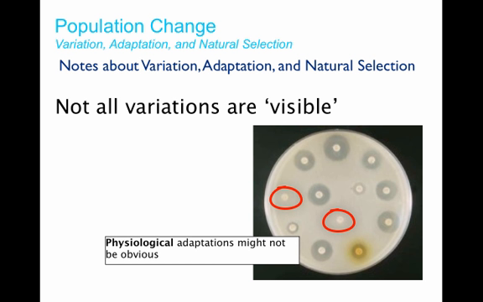What that tells us is that these bacteria growing in this part of the plate have a special adaptation. They are antibiotic resistant. Something about their physiology allows them to grow where most other bacteria couldn't. And the study of these physiological adaptations of antibiotic resistance in bacteria takes up a huge amount of study and investigation in the field of medicine.